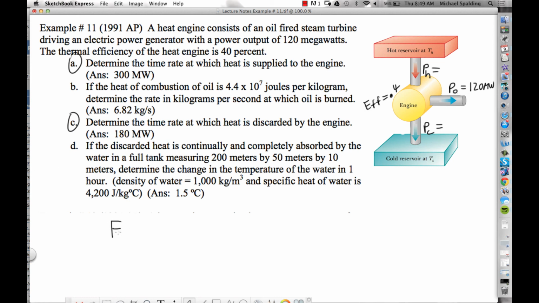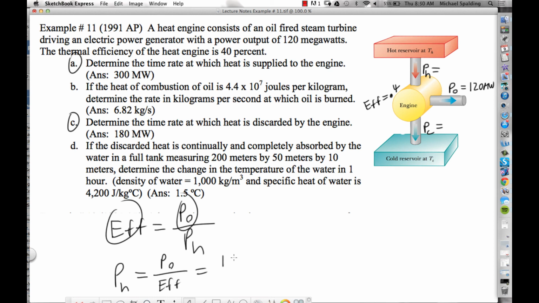So the definition for efficiency, using power hot, power output, and power cold: what would efficiency be? It would be the power output divided by power from the hot. That would be our equation for efficiency. We know the efficiency and we know the power output. So what's power from the hot going to be? It's going to be the power output divided by the efficiency.